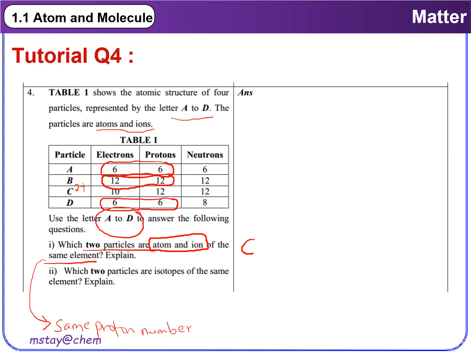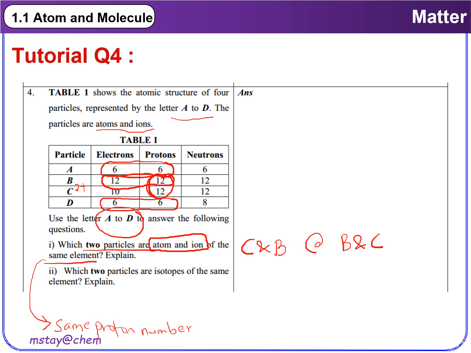Then we try to look at C. Which particle else has the same proton number as C? It's very obvious, it is B. So your answer here will be C and B. But if you think that C and B is a bit weird, you can write it down as B and C also, no problem.